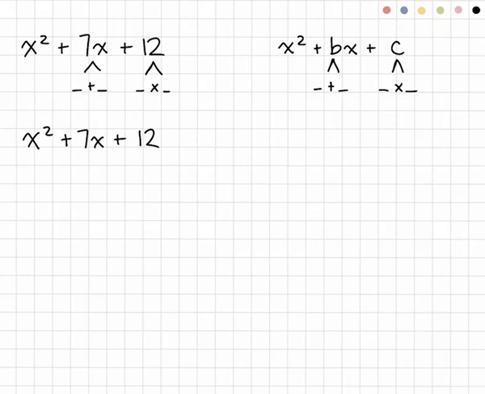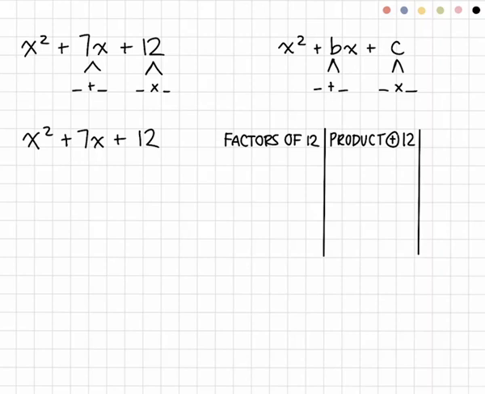Okay, so I know that I'm going to have to find two numbers that multiply to 12. So I'm going to set up a column where I can write my factors of 12. Now I know that my product, that means when I'm multiplying, is going to have to be positive 12, but when I'm adding, my sum is going to have to equal positive 7.